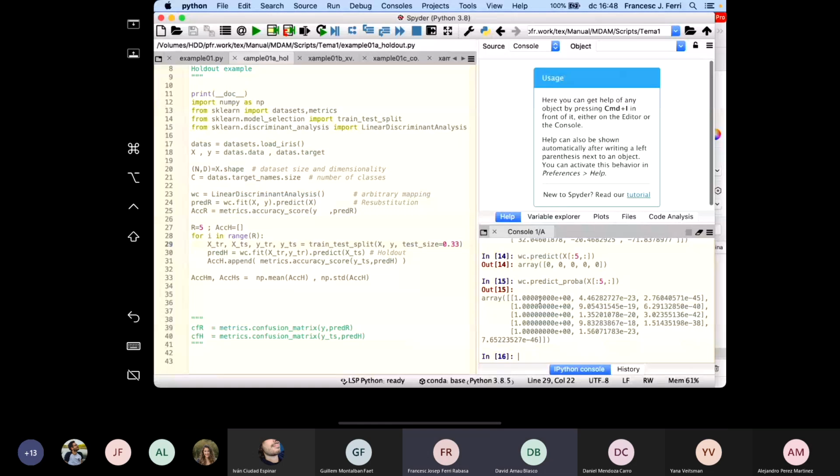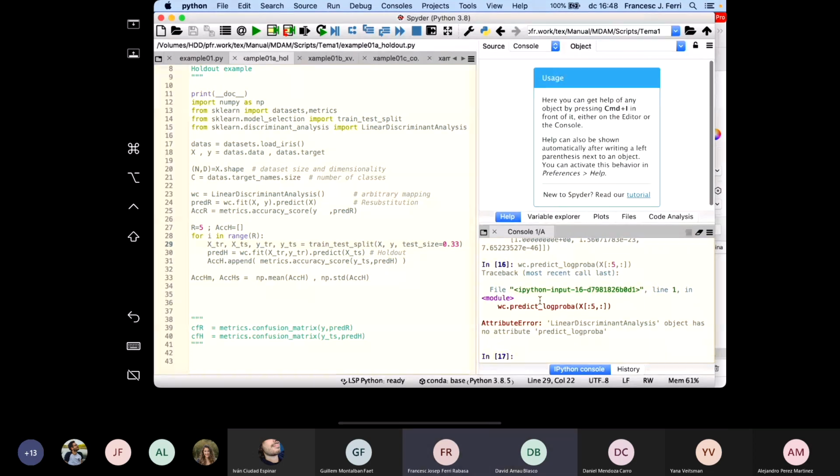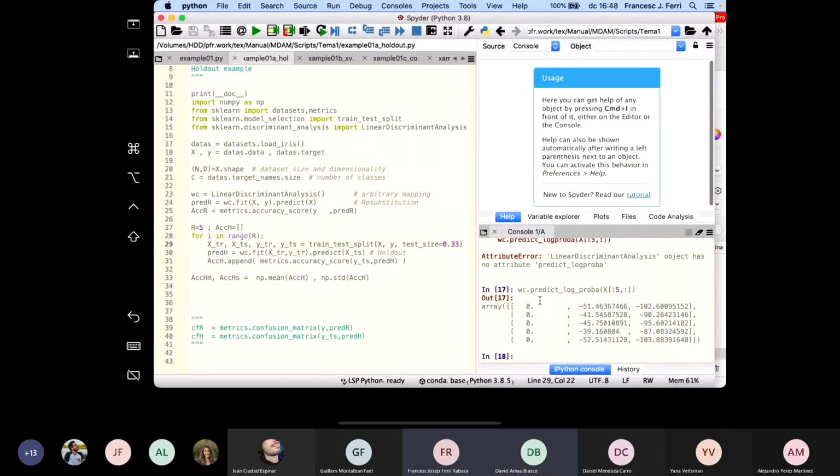So in this case, the probability of class 0 is almost 1, as you can see. And also, these are the logarithms of the probability.